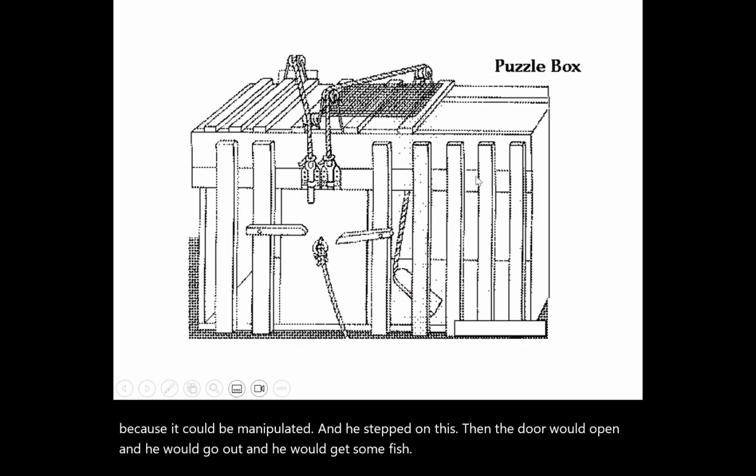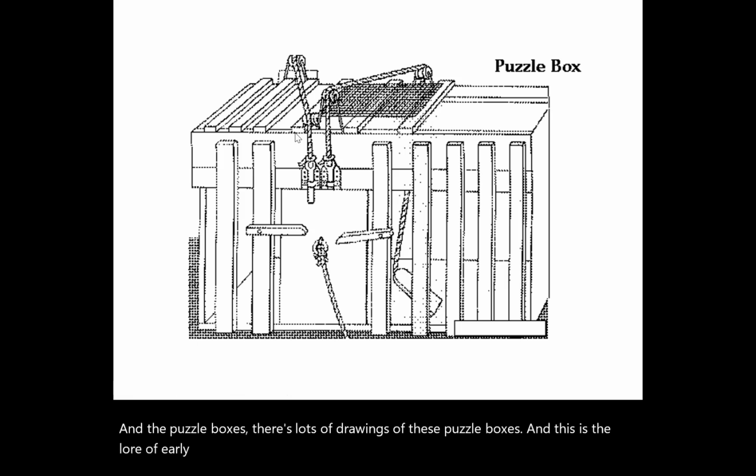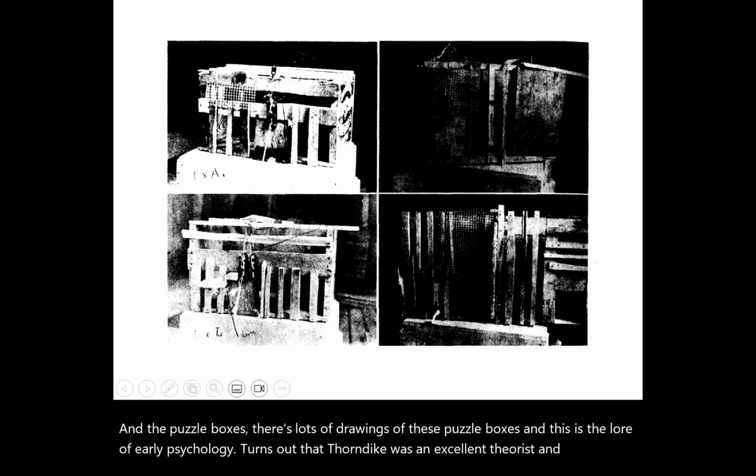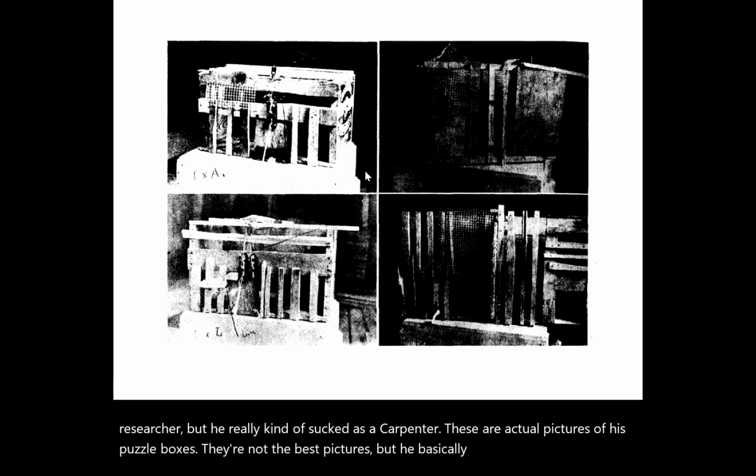There have been lots of drawings of these puzzle boxes, and this is the lore of early psychology. It turns out that Thorndike was an excellent theorist and researcher, but he really kind of sucked as a carpenter. These are actual pictures of his puzzle boxes. They're not the best pictures, but he basically just slapped these things together.